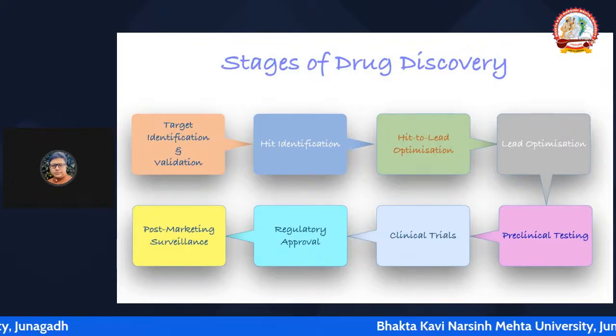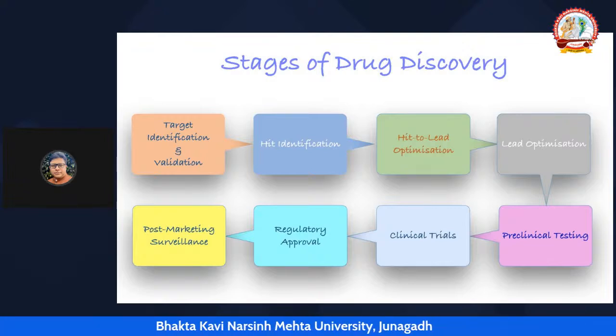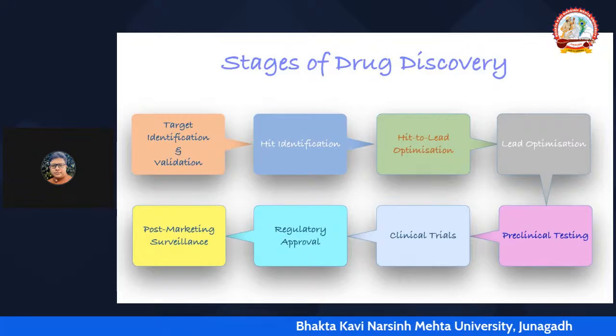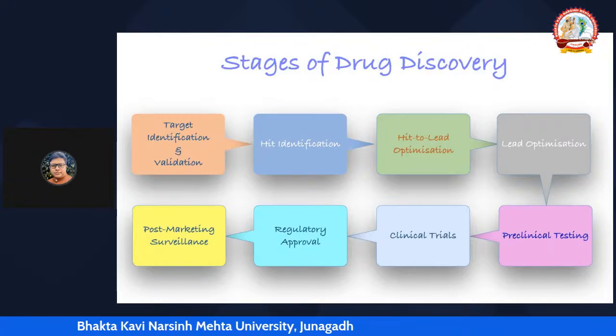Basically, in preclinical testing, you see whether there is any toxicity of any sort which these compounds exhibit, because these compounds are non-natural synthetic compounds. They can cause harm to the human tissue or tissue as such.